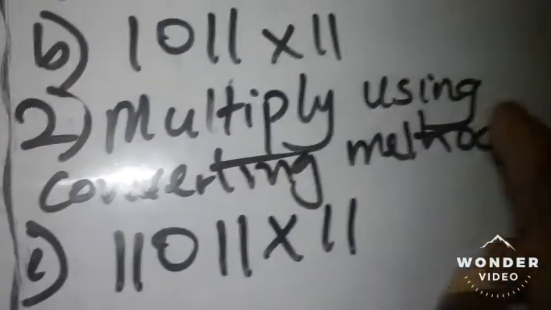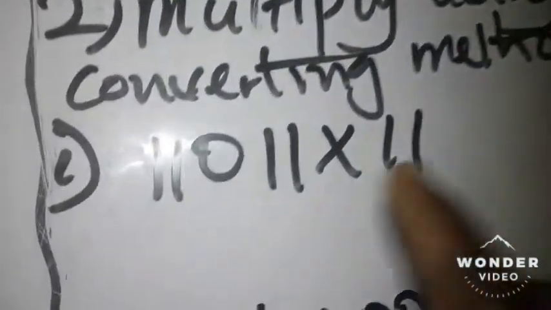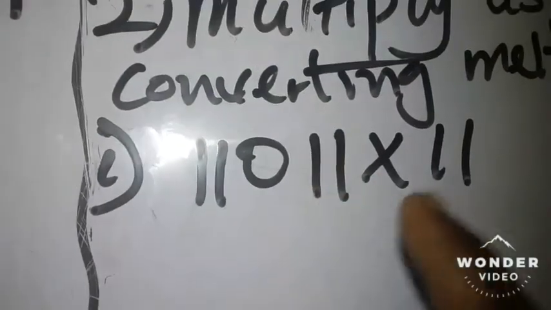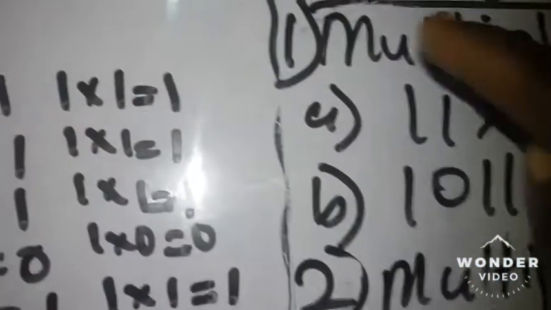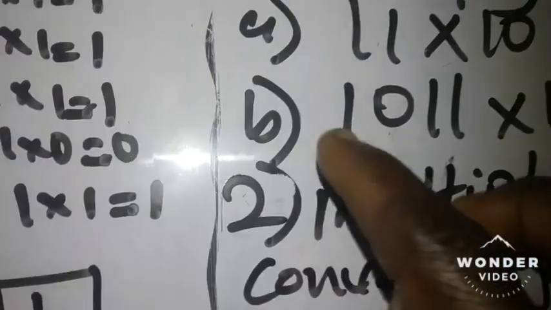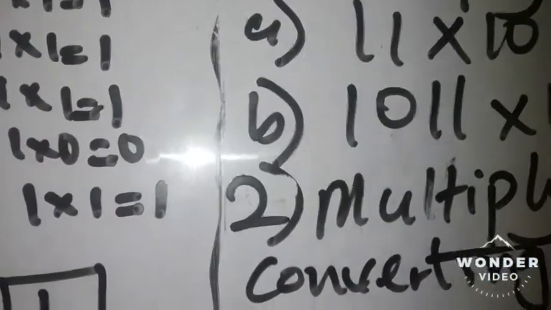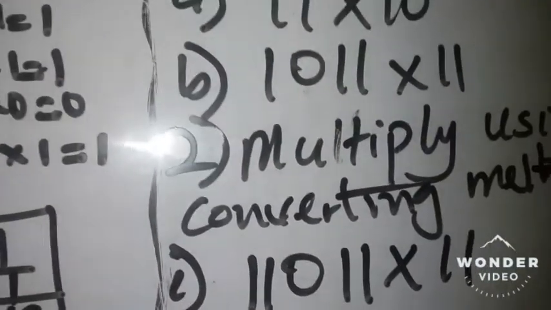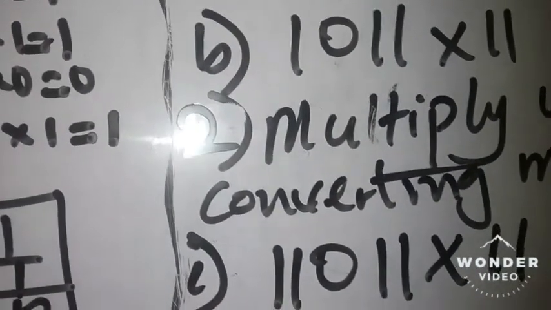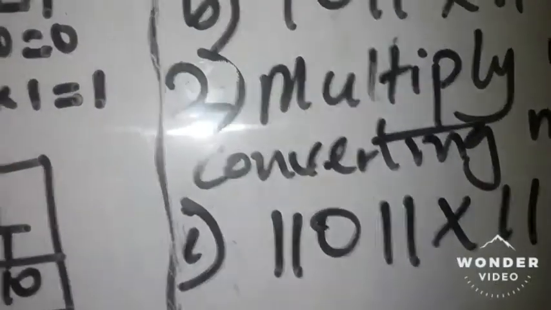B, multiply using the converting method, 11011 times 11. In this B, you can use the converting, or any of the methods that works for you. I will appreciate it. You can submit it on WhatsApp.